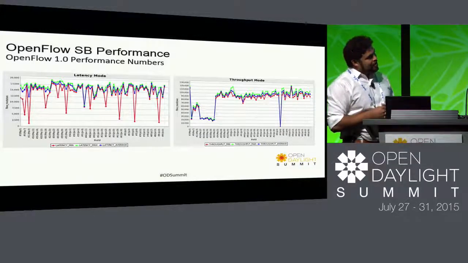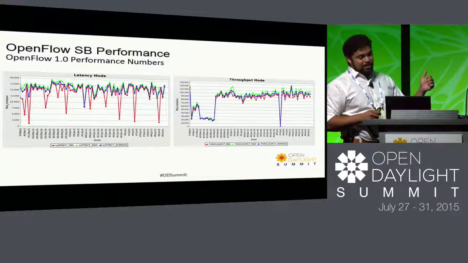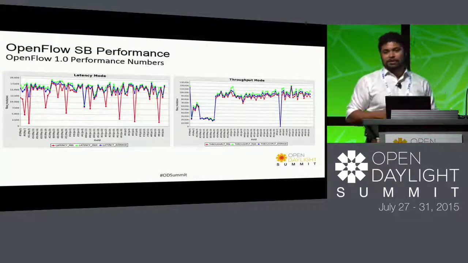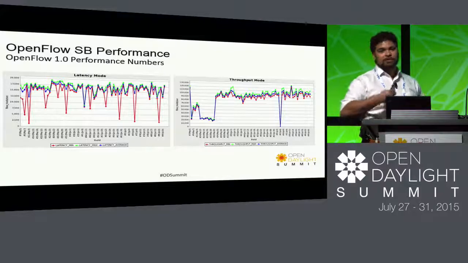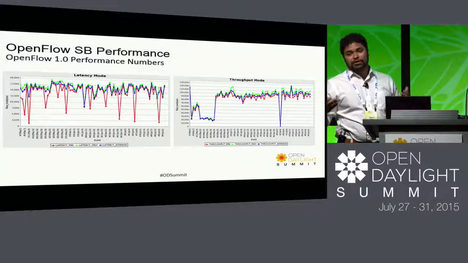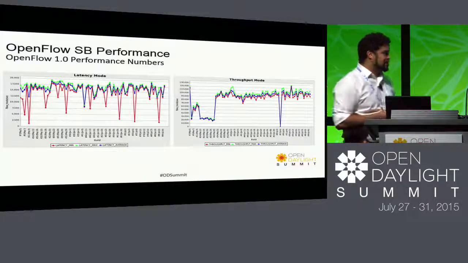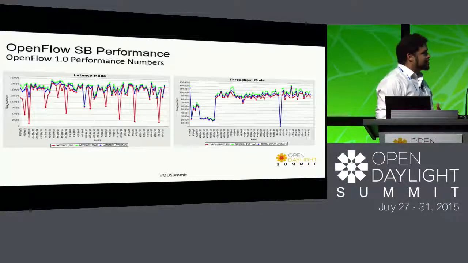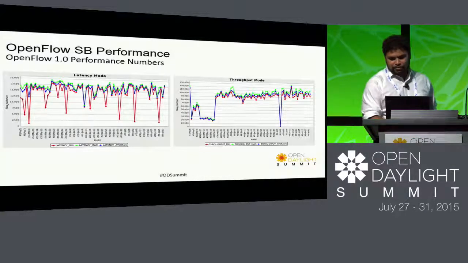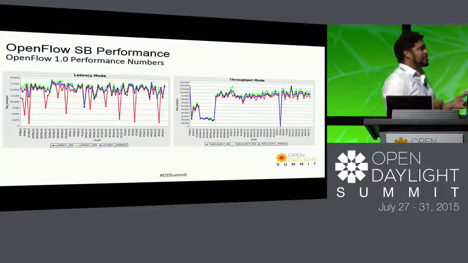But what I'd like to say is that there are limitations. For example, like I said before, OpenFlow 1.0, there's no TLS involved. And most implementations are moving on to use OpenFlow 1.3. If you're using a real life use case, you'd probably want TLS involved. So the usefulness of this is limited in some ways.